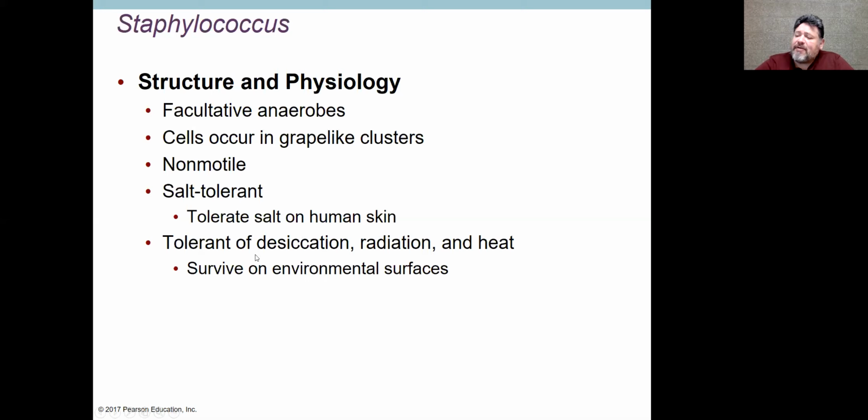The same peptidoglycan cell wall prevents it from losing moisture to its surroundings. It does not allow it to be susceptible to radiation, heat. Another thing is that if you touch anything in the environment, it's actually possible to pass Staphylococcus aureus from one person to another environmentally. What does this mean?